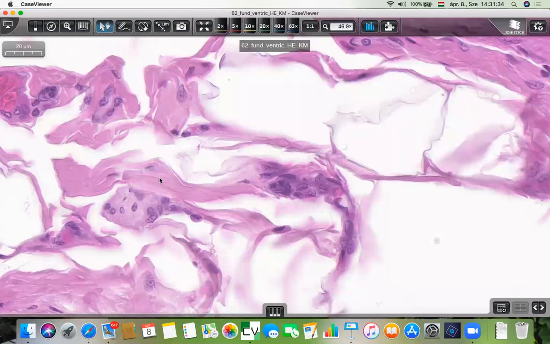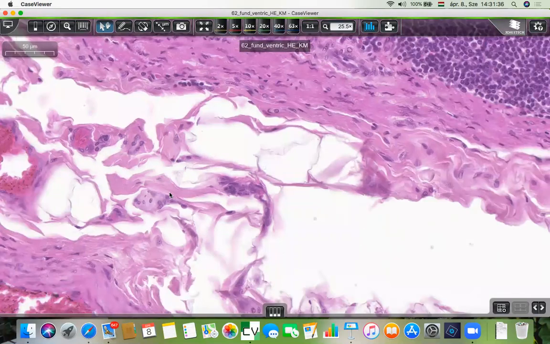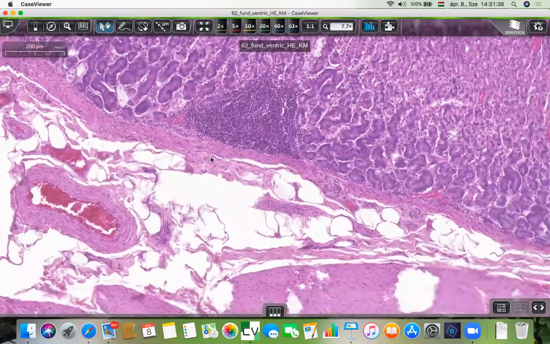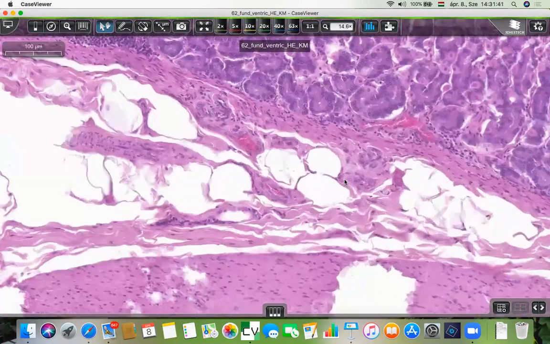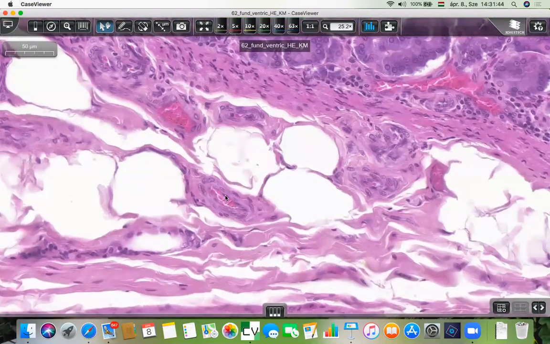The Meissner's plexus, I try to find a better one. These are vessels here.